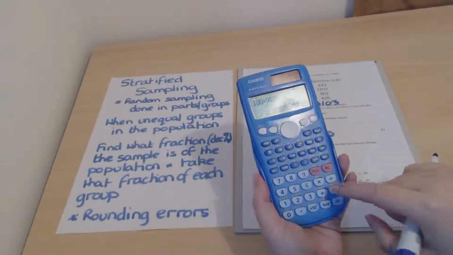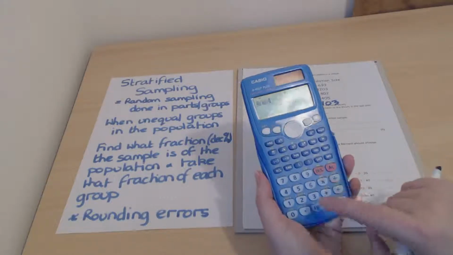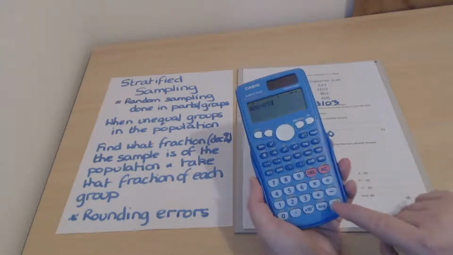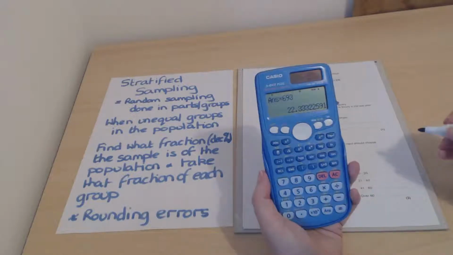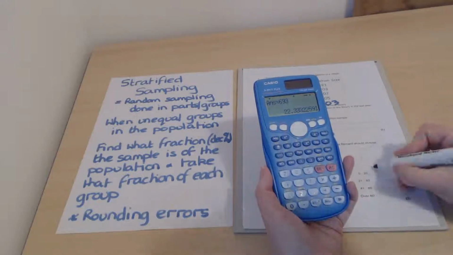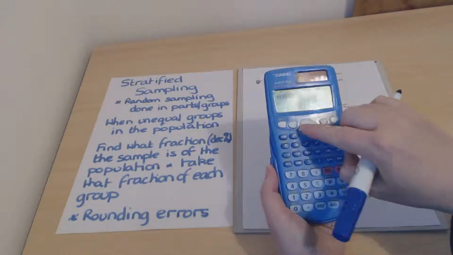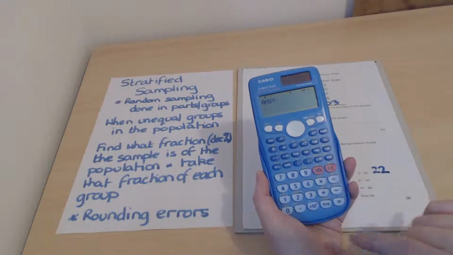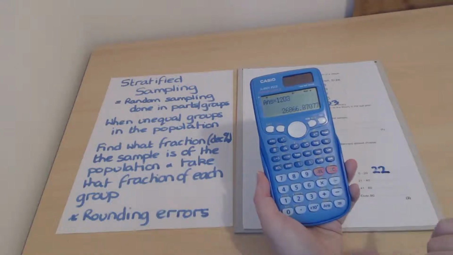So we're going to take that and multiply by 693 for our first category, the 0 to 20 category, and that gives us 22.333. So we'll go 22 for the time being. So let's go back and change the number there. So the next one is 1,203.